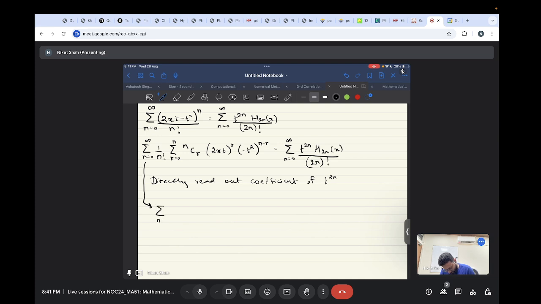Sorry for that. Sum n equal to 0 to infinity, 1 by n factorial, sum over r equal to 0 to n, nCr x raised to r t raised to r, into minus t square raised to n minus r.